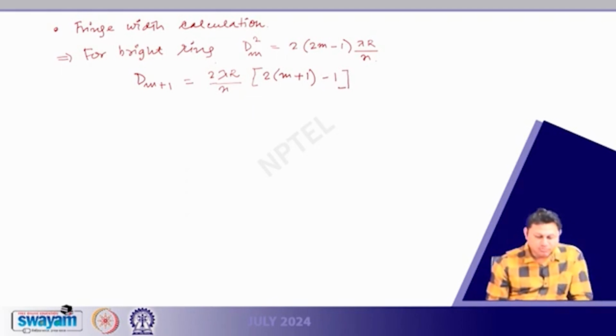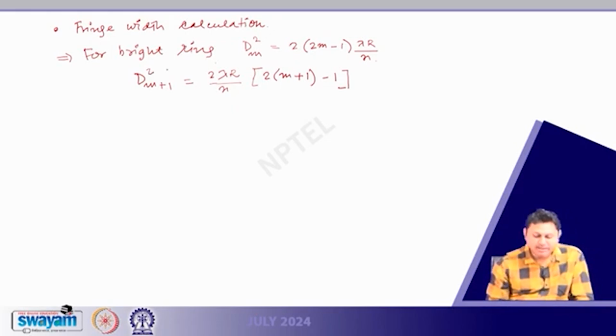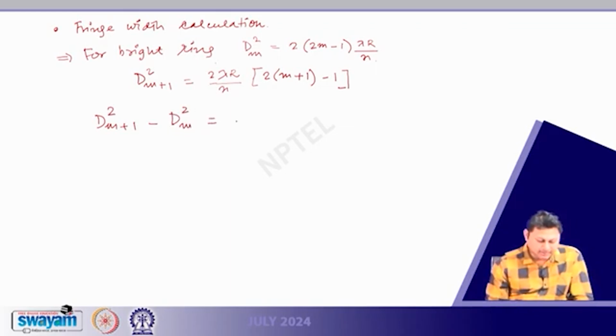So once we know dm and dm plus 1, the square of that, then we can calculate this. So their difference, dm plus 1 square minus dm square, is simply this minus this, and it is easy to just check.